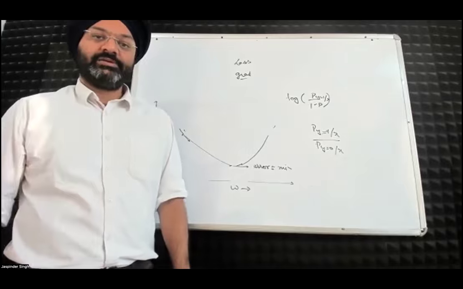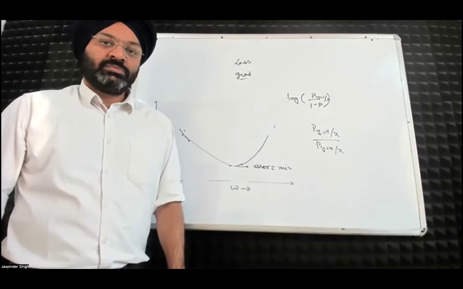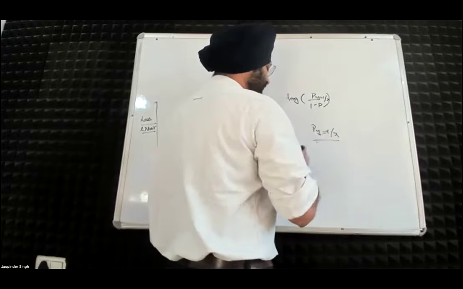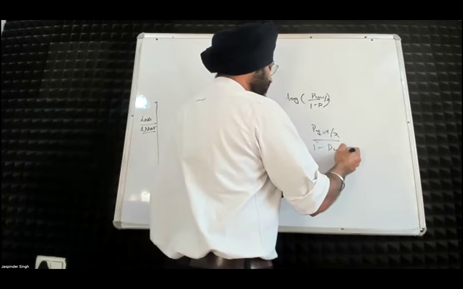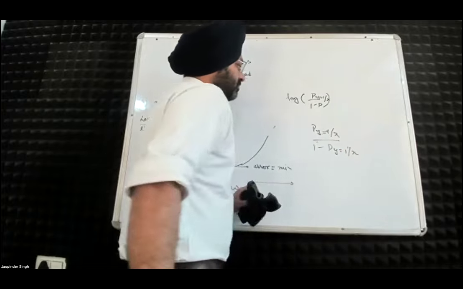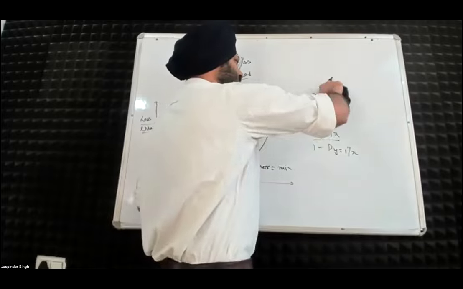Since it is binary, I can write probability of y equal to 0 as 1 minus the probability of y is equal to 1, provided x, which is basically this thing.